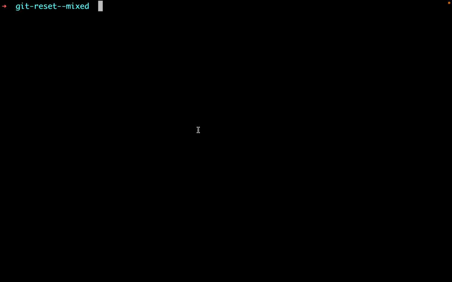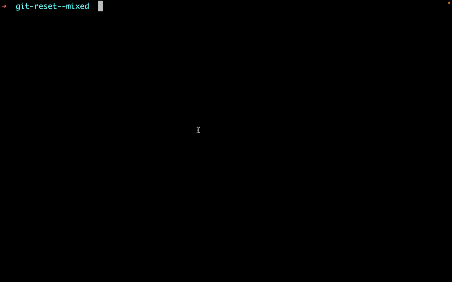Let's explore git reset mixed, which will compare a commit and your current working directory. It will erase that commit and all of the commits since that commit, and then those changes will be changed locally in your working directory, but they will not be committed.